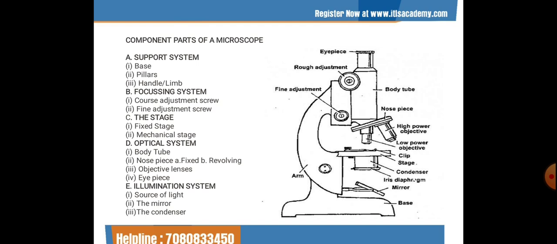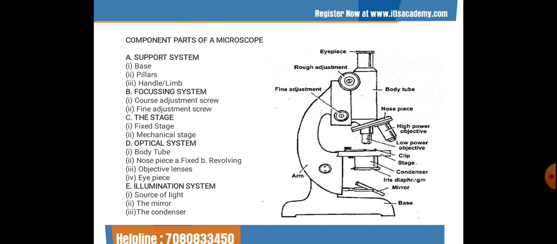The third important component of this is the substage condenser. Its basic function is to gather the light coming from the light source and to concentrate that light in a collection of parallel beams onto the specimen.